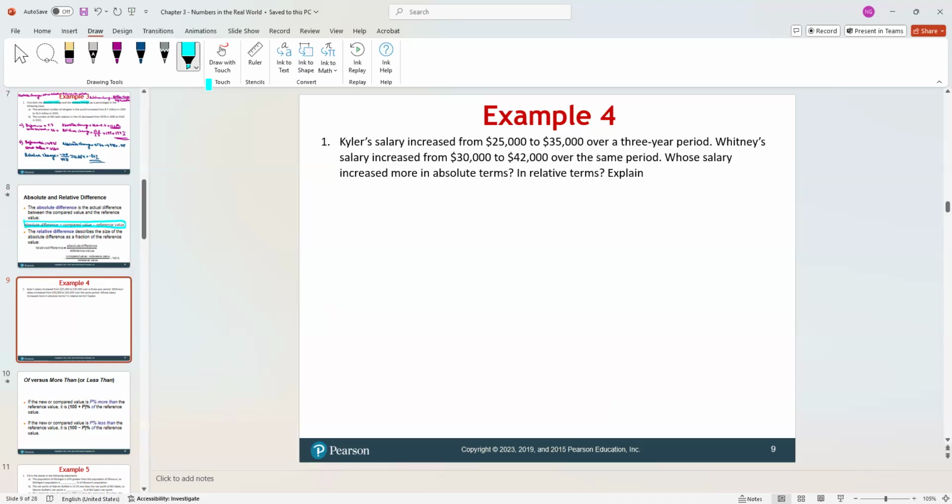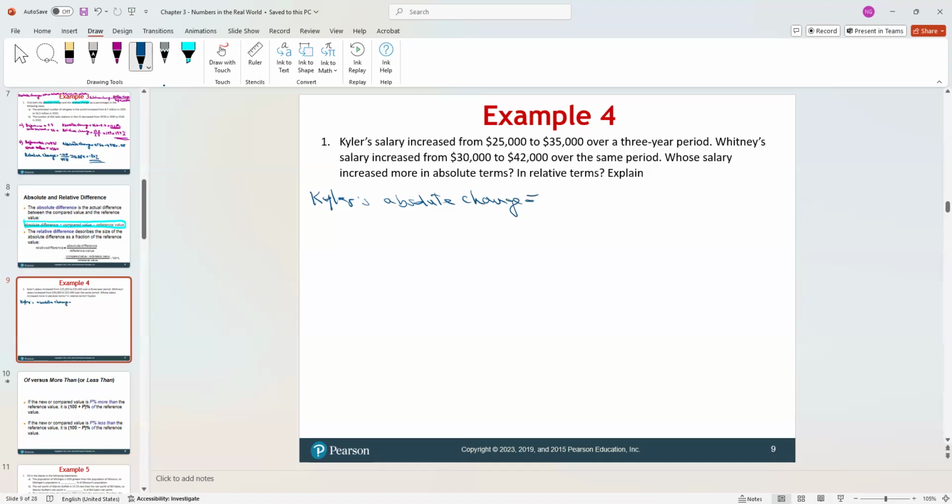Whose salary increases more in absolute terms and in relative terms? We need to look for the differences between those, because it's very important to see the difference. So what is Kyle's absolute change in salary? How do you say the absolute change again?